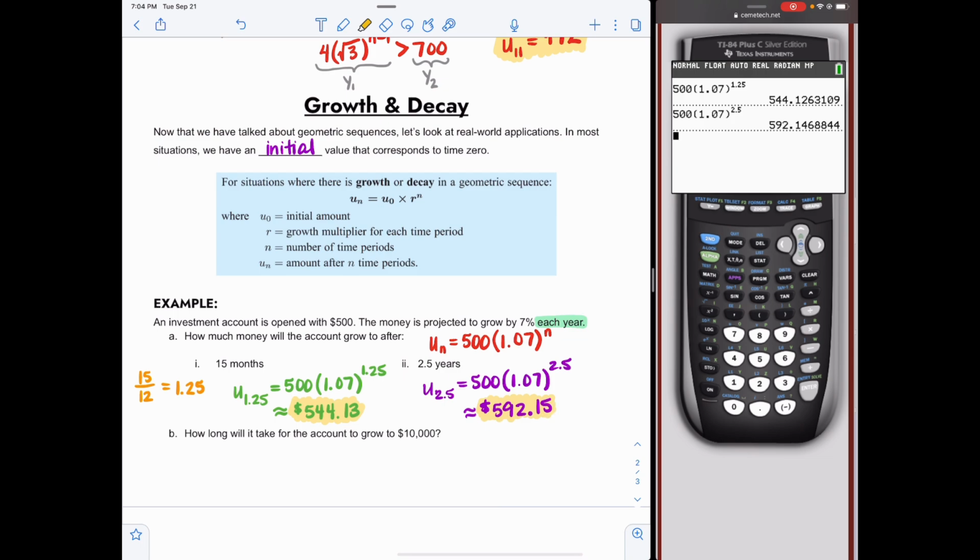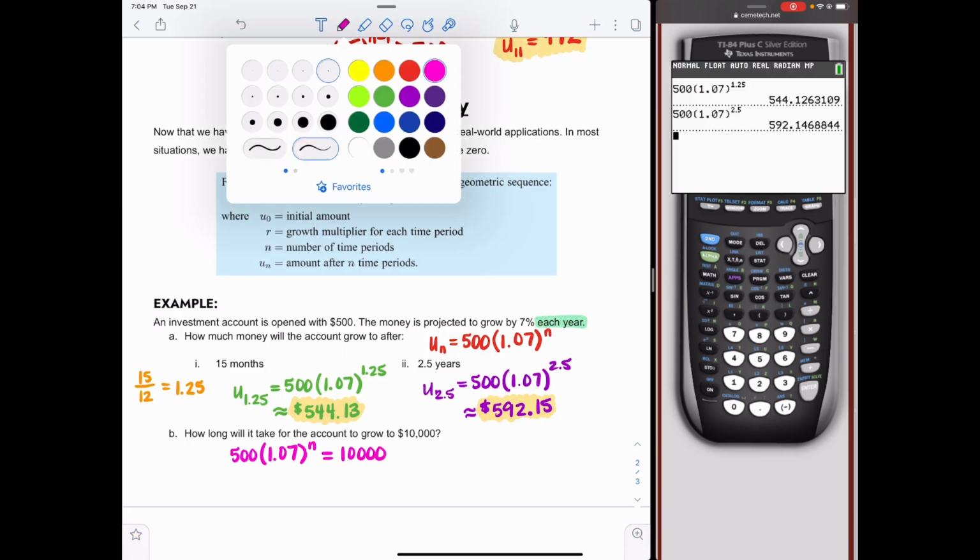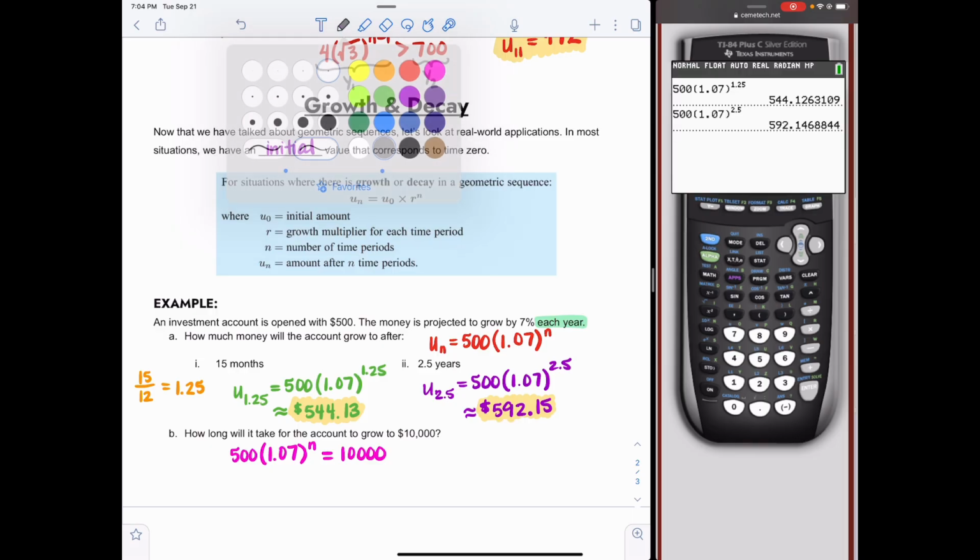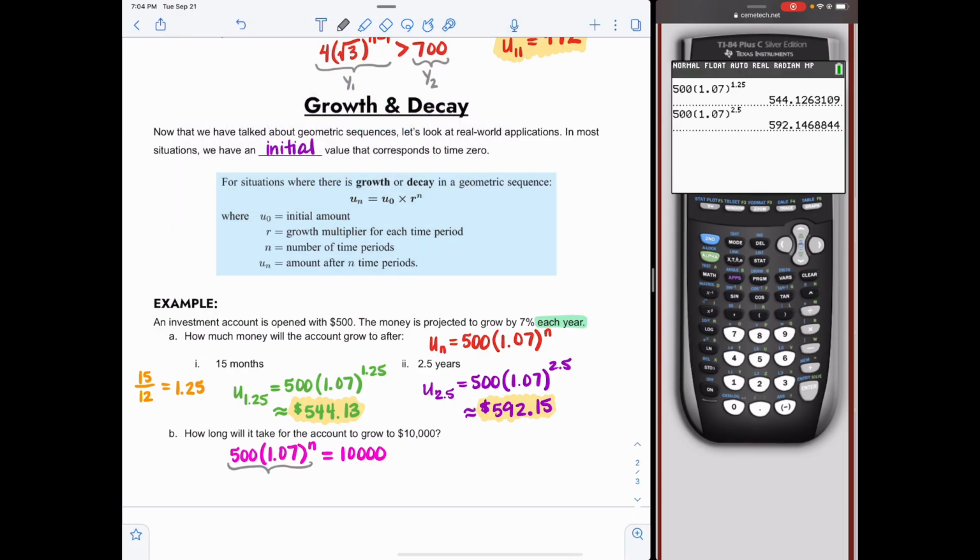So the next one says, how long will it take for the account to grow to $10,000? So if I want the account to grow to $10,000, I am saying that I want my formula equal to 10,000. And of course, you know we can solve it by putting the left side into y1 and the right side into y2.